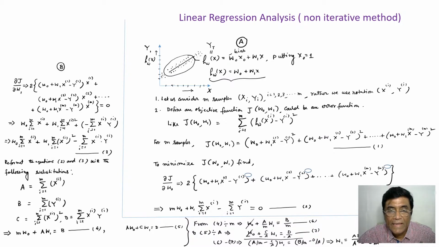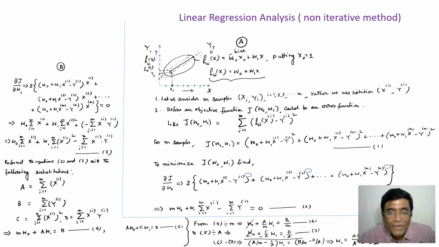For example, for any x, say x1, I have a y1 value. This is real, the data I have collected. But my model is telling me that for this x1, you have this y theoretical, or h. This is the real value, and this is the predicted value predicted by my model, which I have whimsically designed.